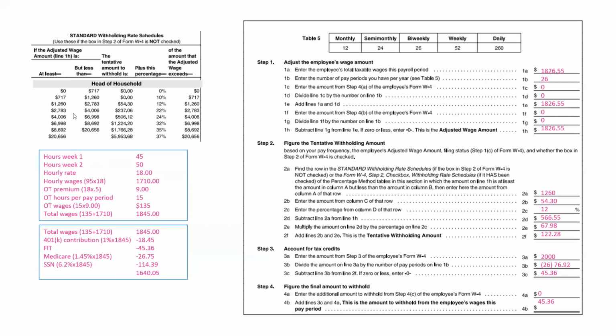Their gross wages of 1826.55 would fall between 1260 and 2783. So line 2A is going to be 1260. For 2B, they're asking for column C of that row, $54.30. And then they're asking for that next column of 12%.